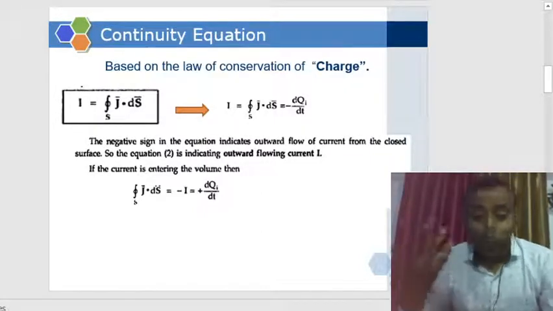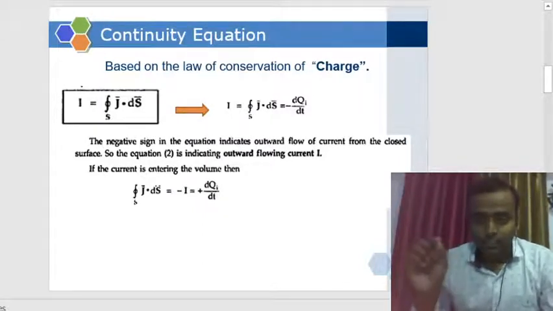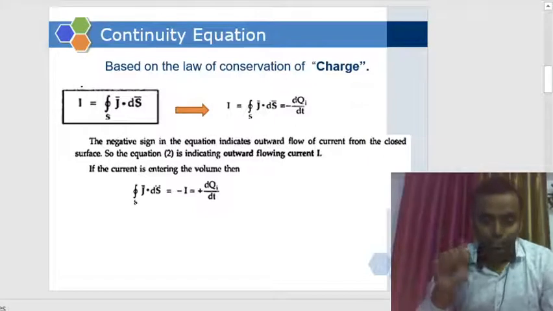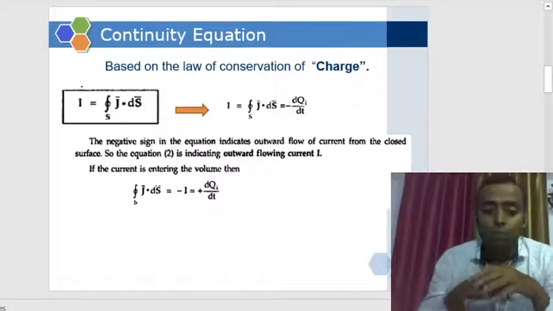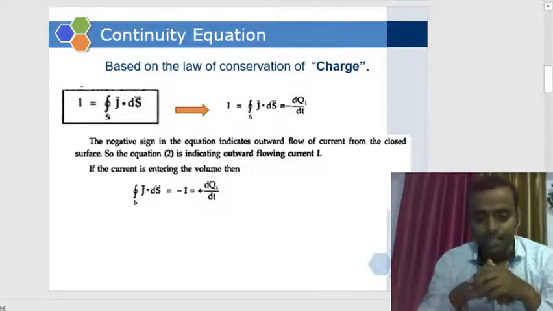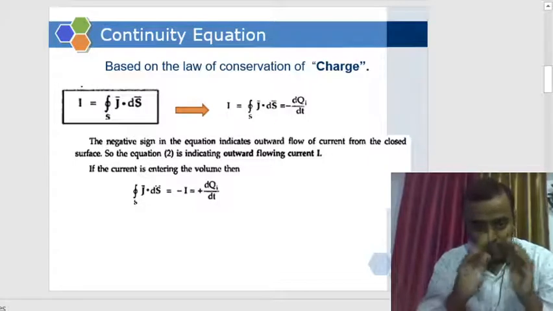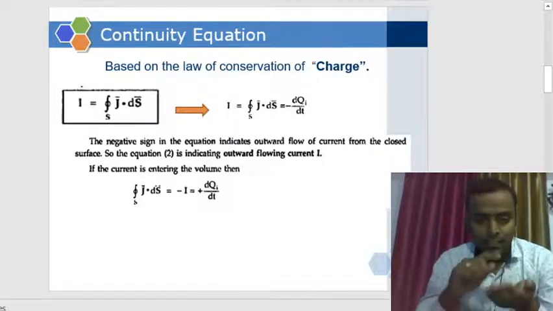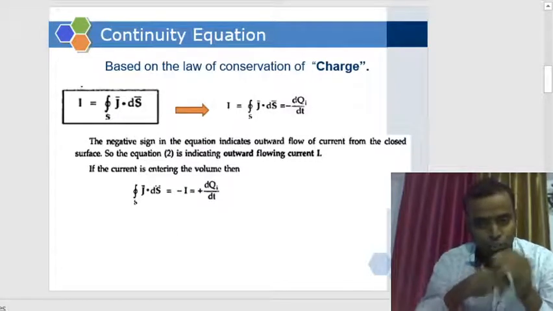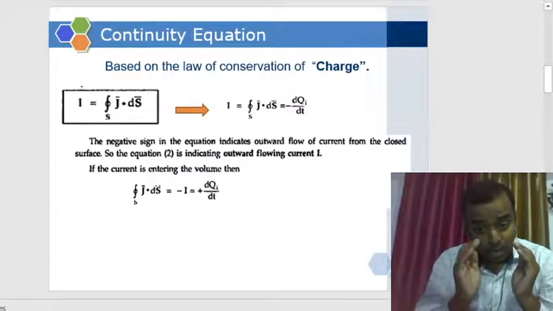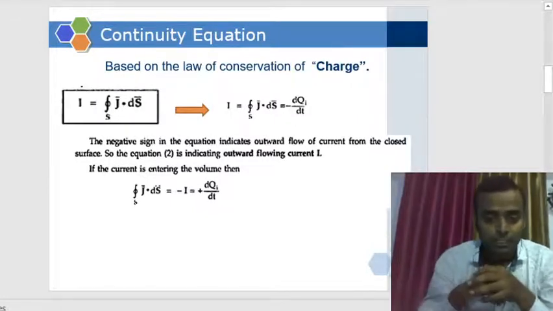Now, as we defined, current I is equal to the surface integral of J dot dS. Suppose I have a closed surface and the current is coming out of it. Then there must be a decrease from where it is coming out, isn't it?